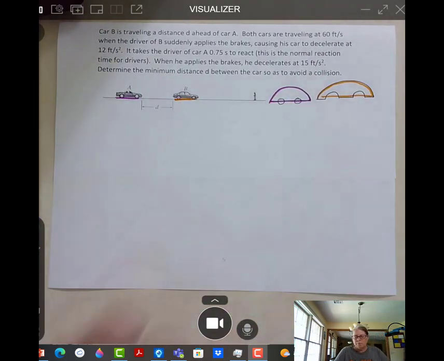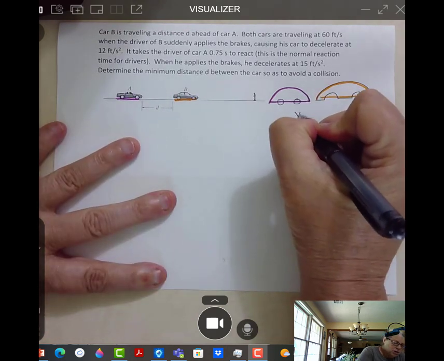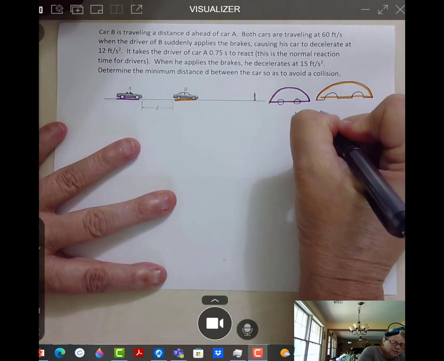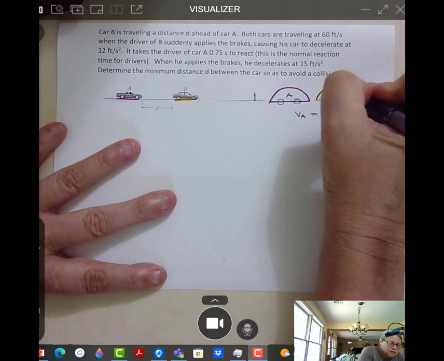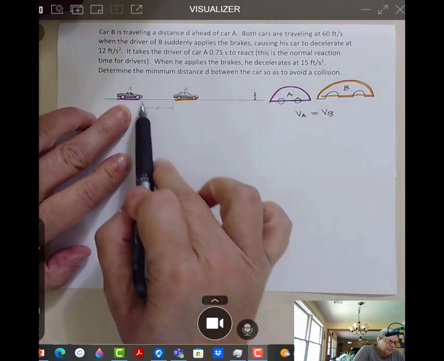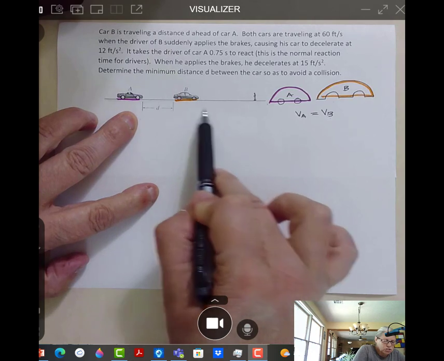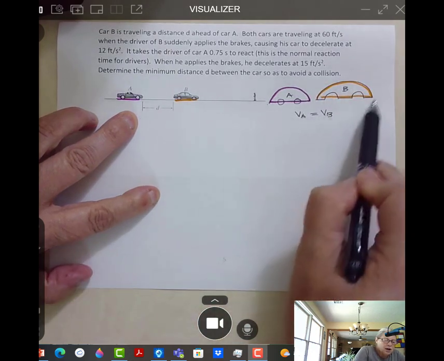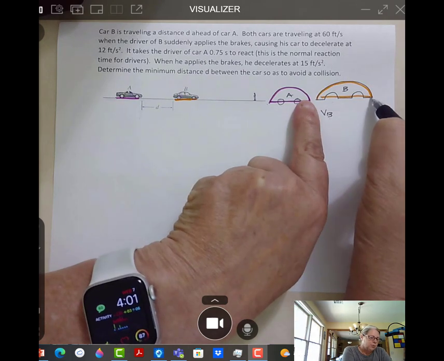So when they get to this point, we need to make sure that the velocity of car A equals the velocity of car B so that we don't hit. And at this point, they are at the same final position S because they're bumper to bumper.